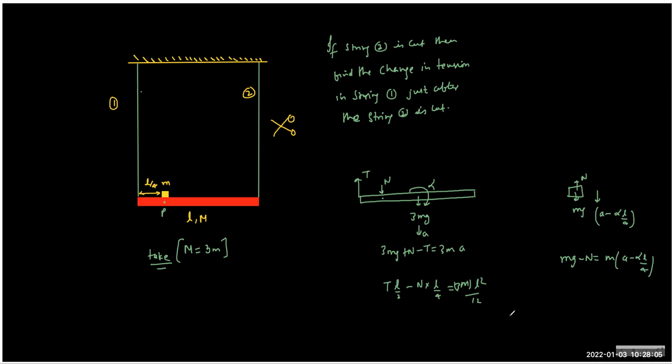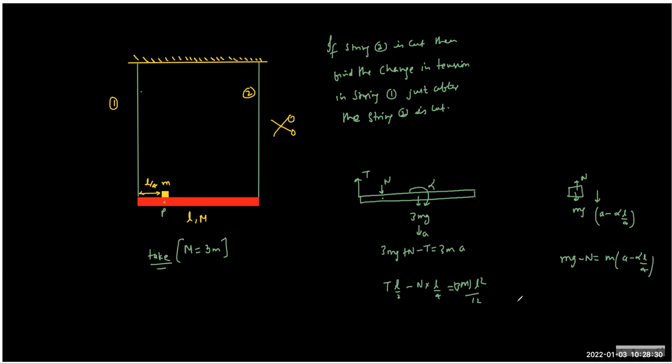So these are the equations which you need to apply and solve. Not very easy, but indeed it's a challenging problem. So this also helps us realize that you cannot add the weight of the block on the plank. Generally, most of the students add the weight of the block as a part of the weight of the plank, and then they try to solve the question.